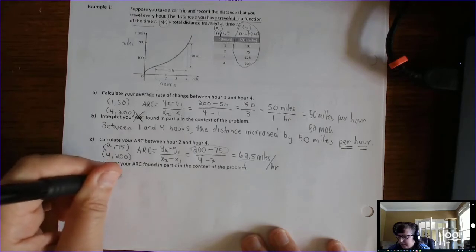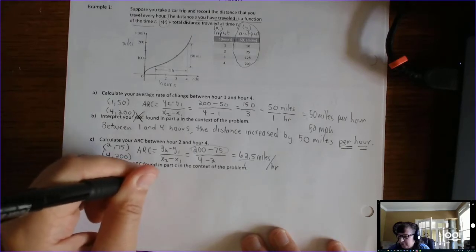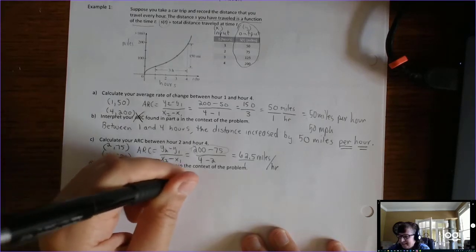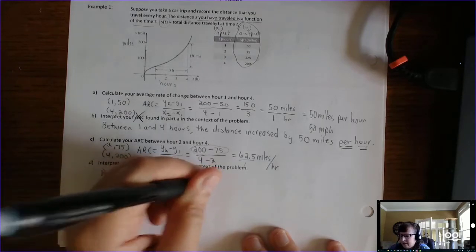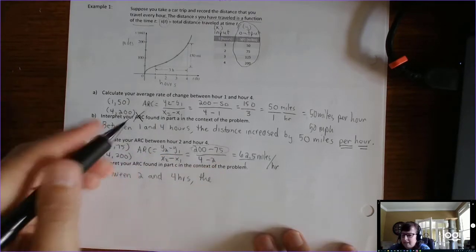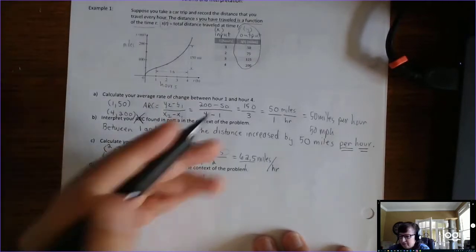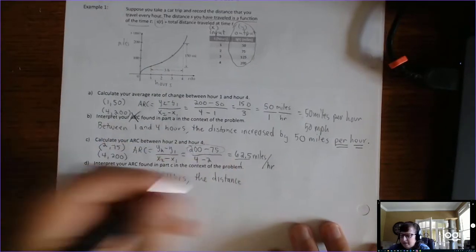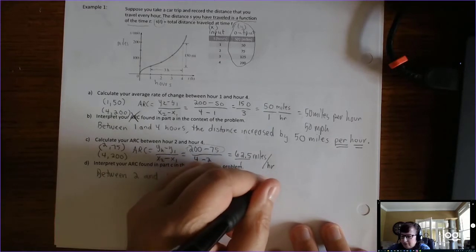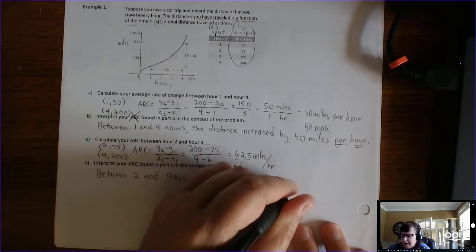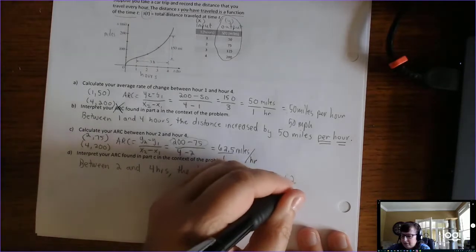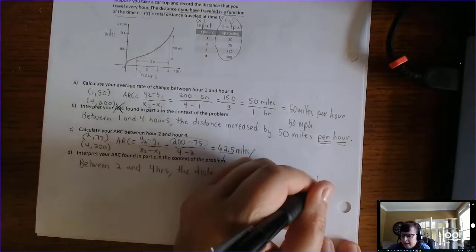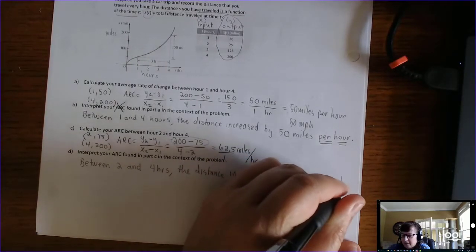You tell me the x coordinates, so between 2 and 4 hours. The name of the function, this is a distance function. The distance, again it's positive, so increased by the number 62.5 and then miles per hour.